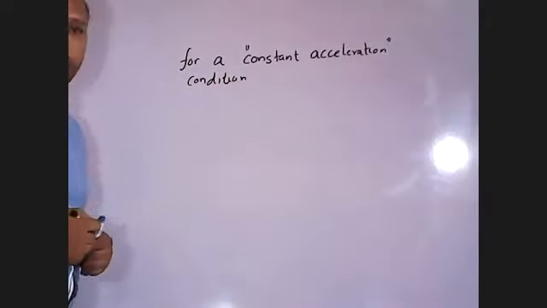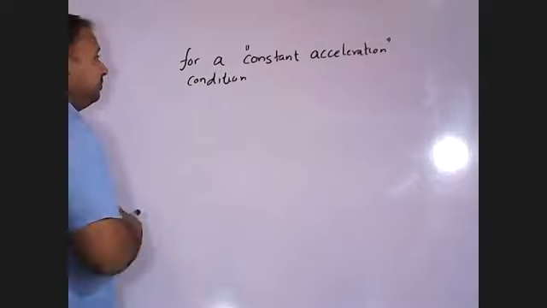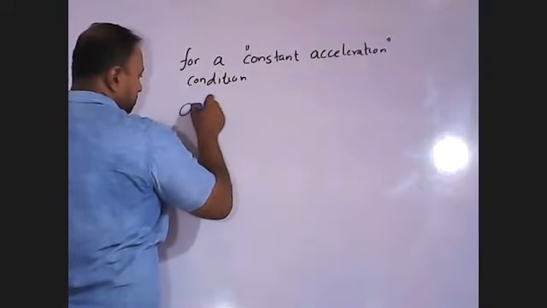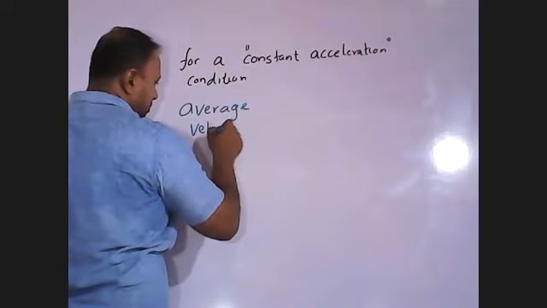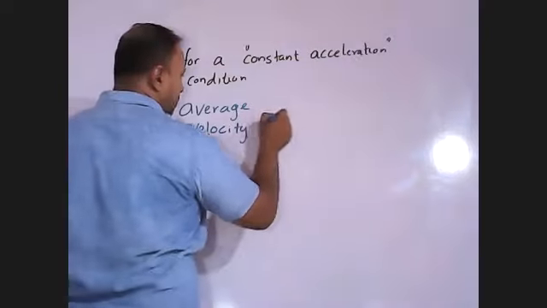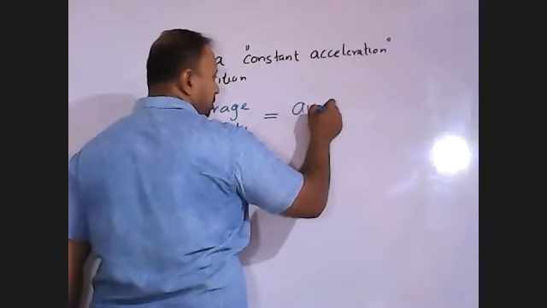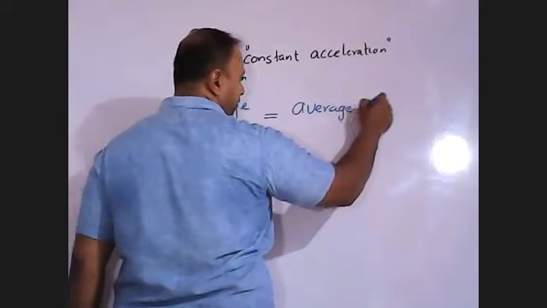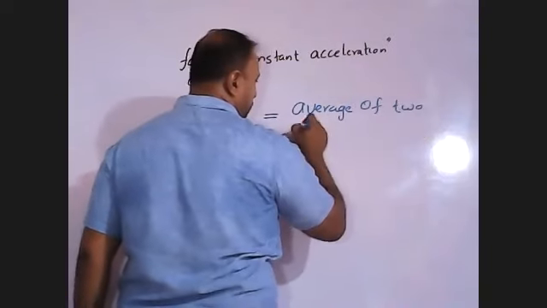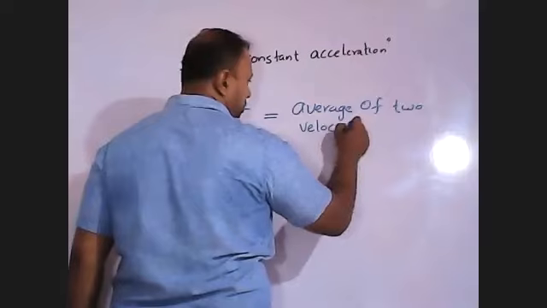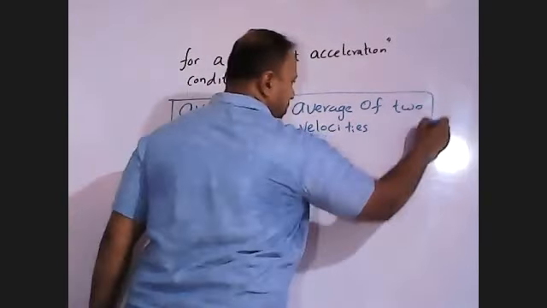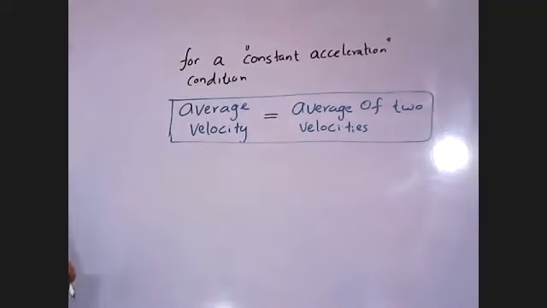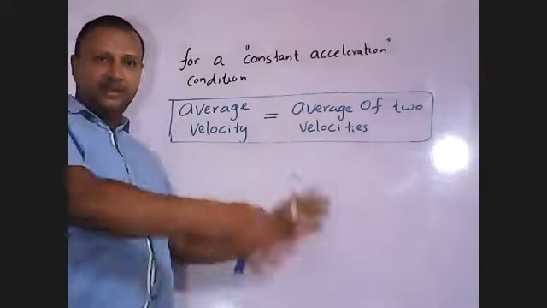You can write down this one for the constant acceleration condition: average velocity is equal to the average of two velocities. I will explain that after doing the next part.